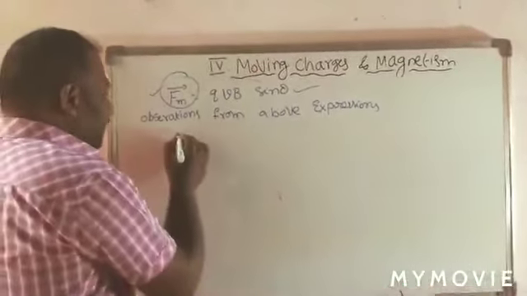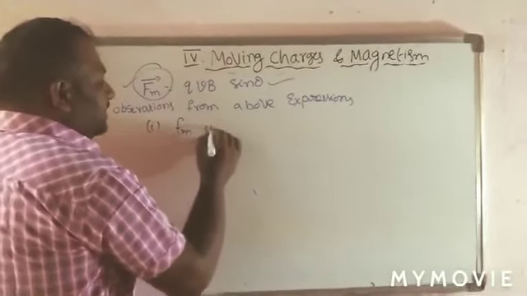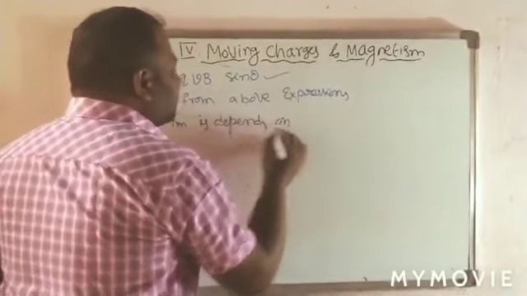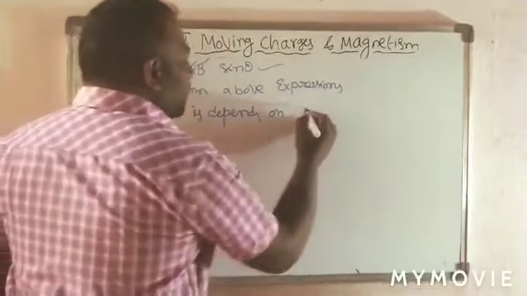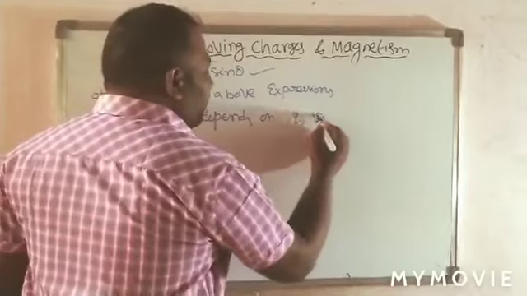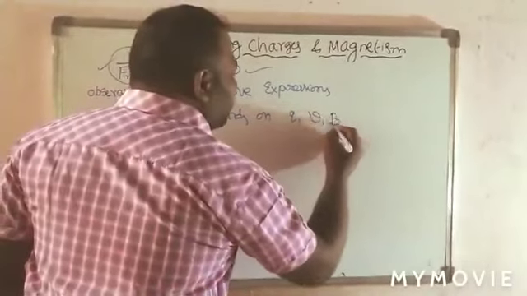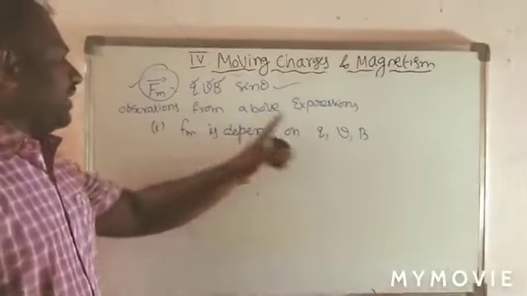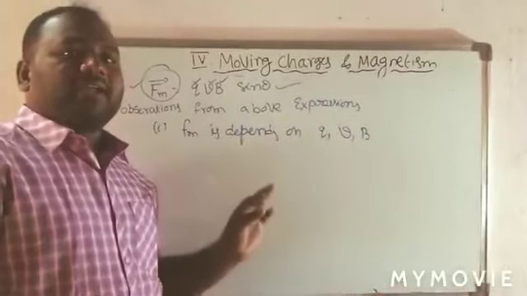That is, the first observation is magnetic force depends on three terms. What are those? Q, V, B. That is, it depends on the test charge which we placed, the velocity of the moving charge and the field due to the moving charge. So the magnetic force depends upon test charge, velocity of moving charge and magnetic field due to the moving charge.